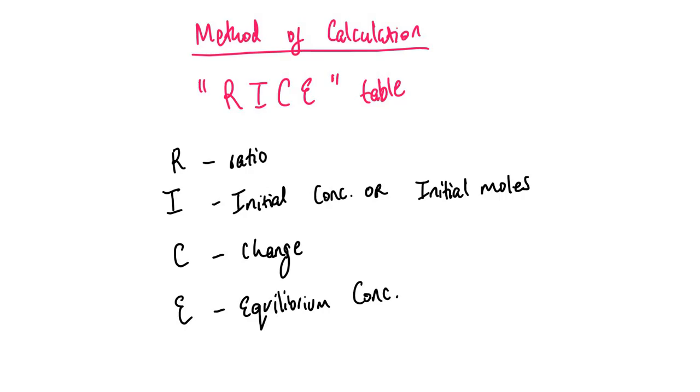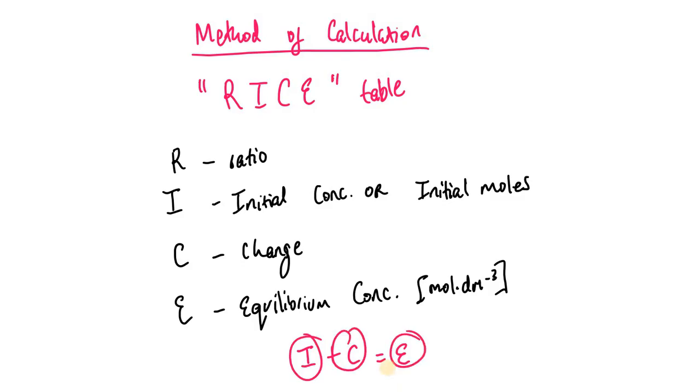Okay, and one thing we also should then take note of is that the units, if you are using concentration, the units here will be moles per decimeter cubed. And then lastly, we also then said that I plus C give me E, meaning the initial plus the change give you the equilibrium concentration.